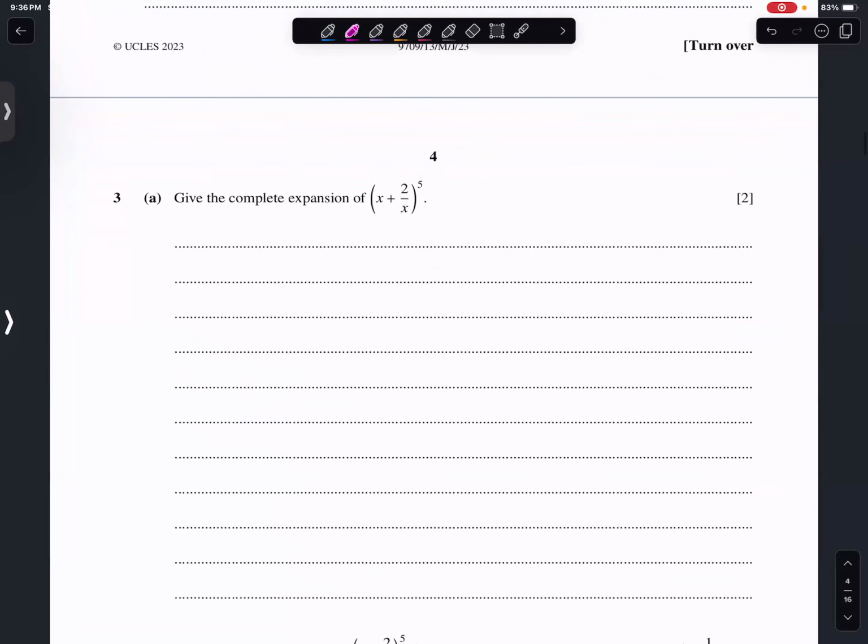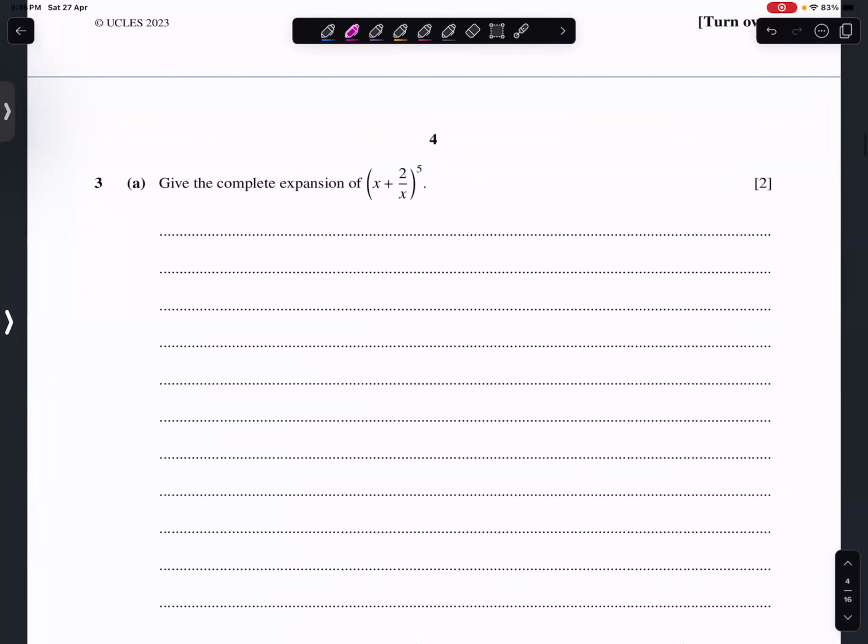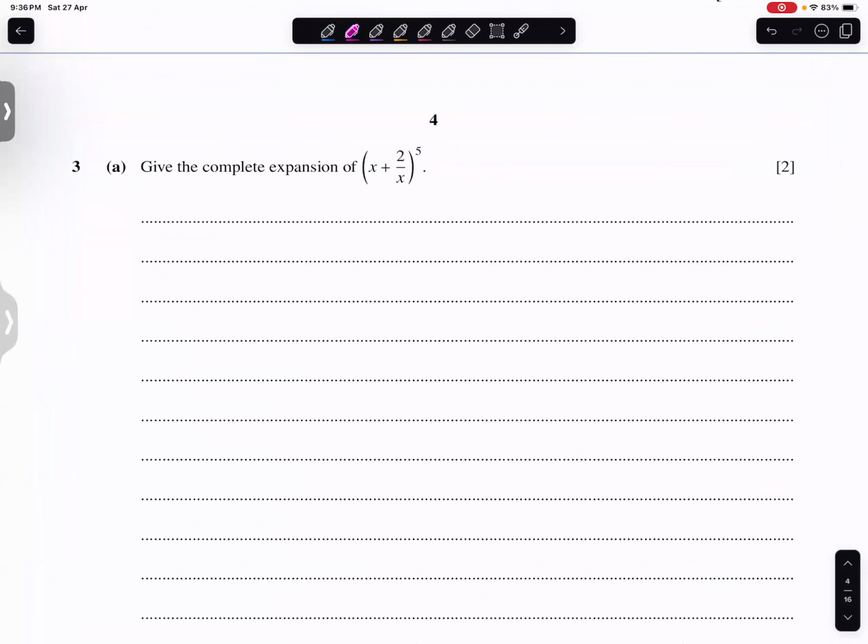Give the complete expansion of this. So now you have to open up to 6 terms.